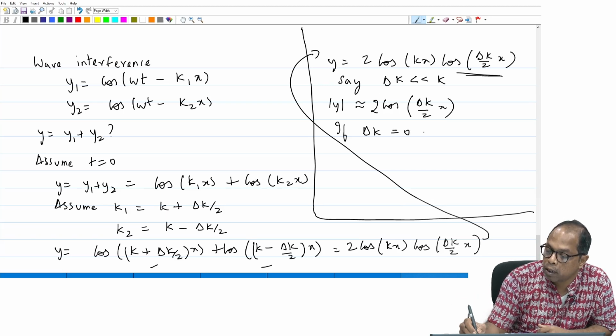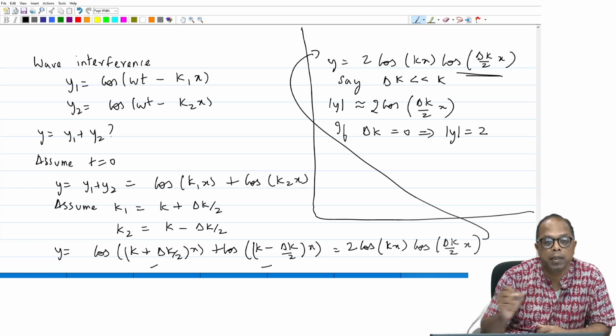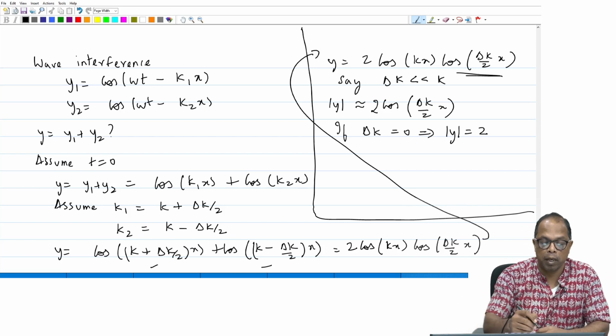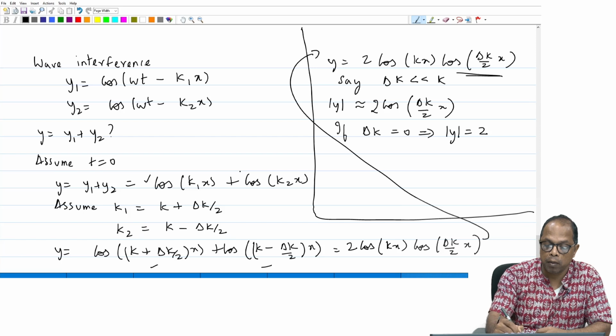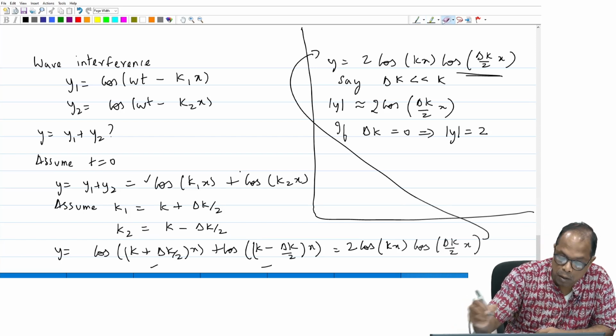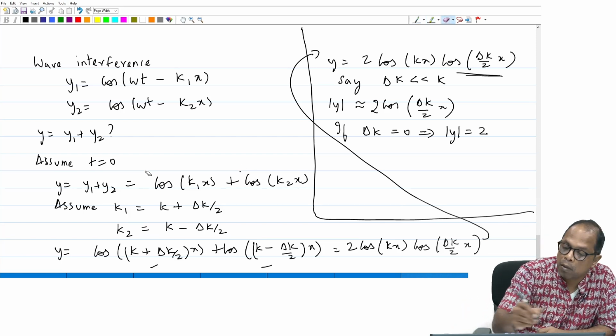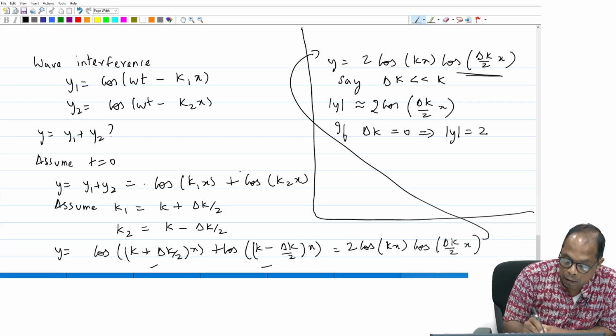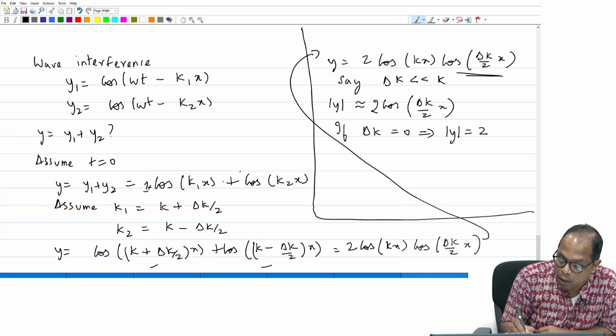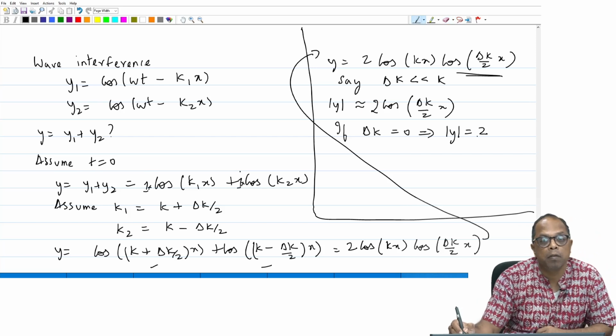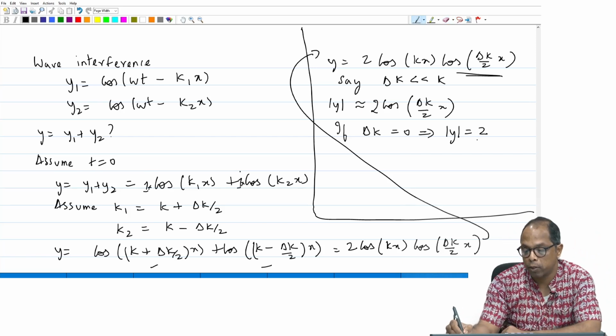Then that implies you have twice the amplitude. You had amplitudes of 1 here and 1 here, but now delta k is 0, you have twice the amplitude.